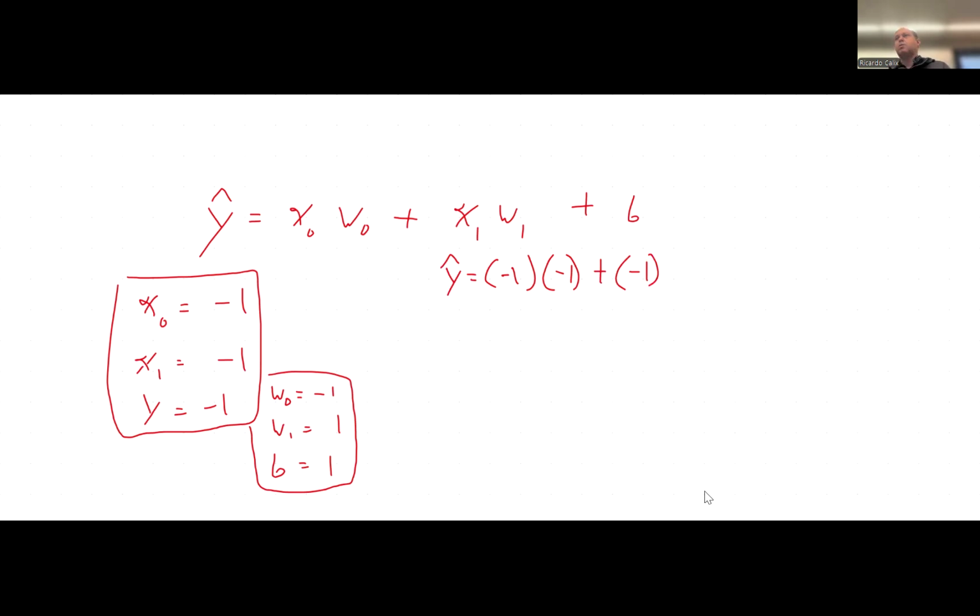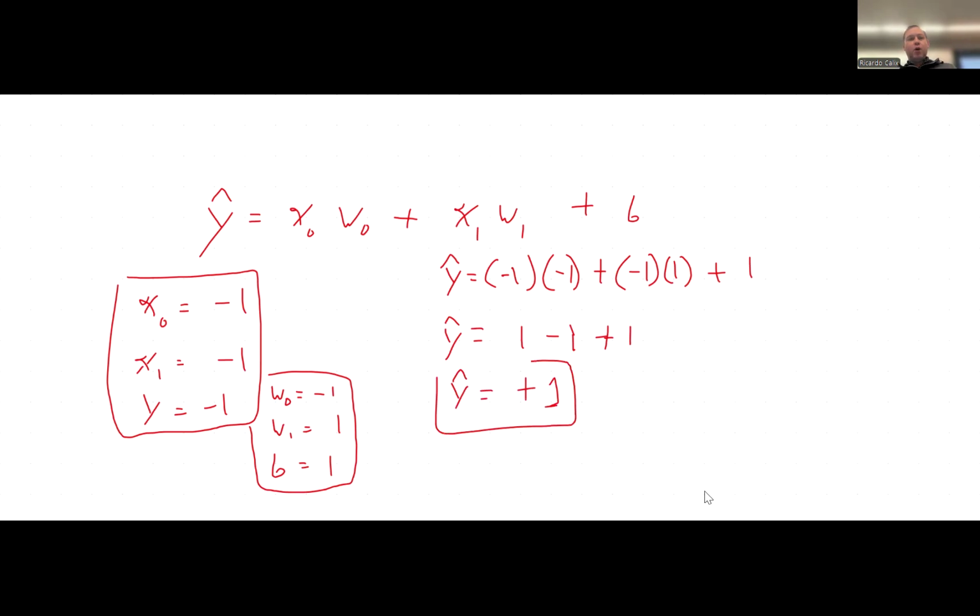And the bias is 1. Right? So we have a set of x's and y's that are the real data, and we have a set of parameters, w and b. So we do this calculation, y hat, this is 1, this is -1, and this one over here is 1. So the predicted value is going to be +1.